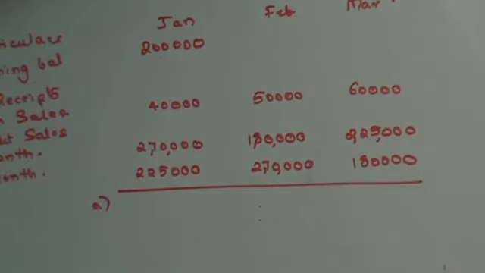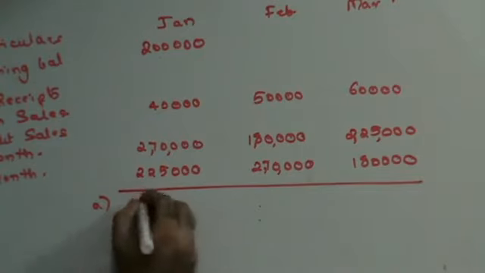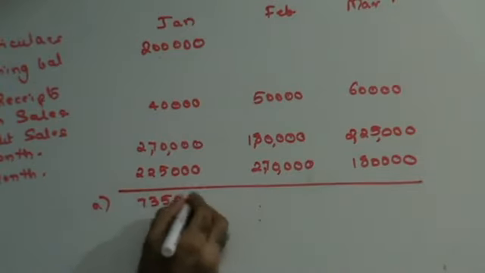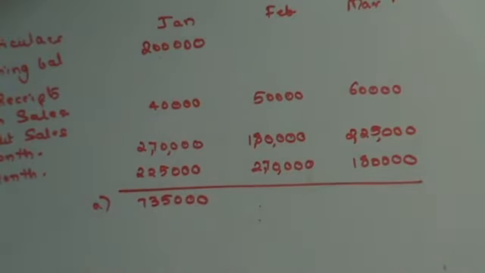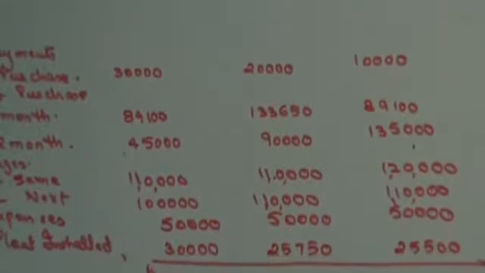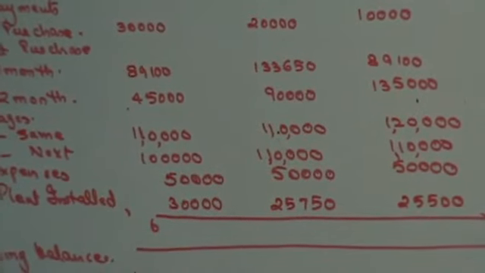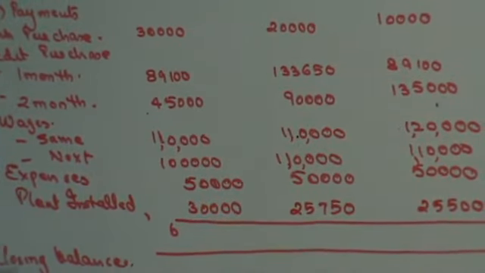Right? My total A. Someone please tell me how much is total A? 7,35,000. Someone please add the total of B and tell me how much is it?